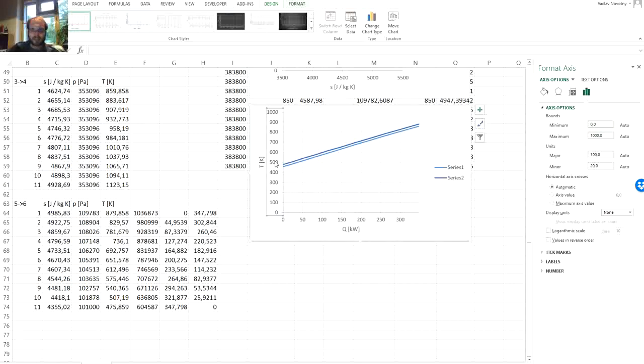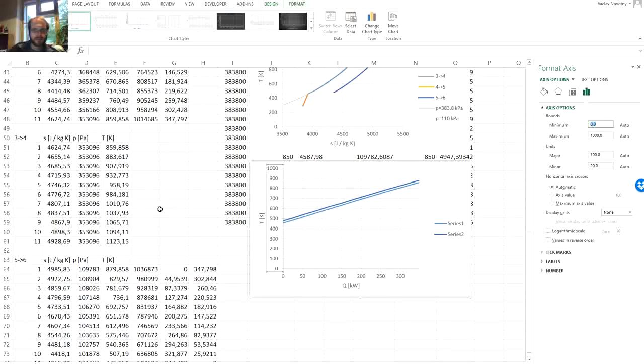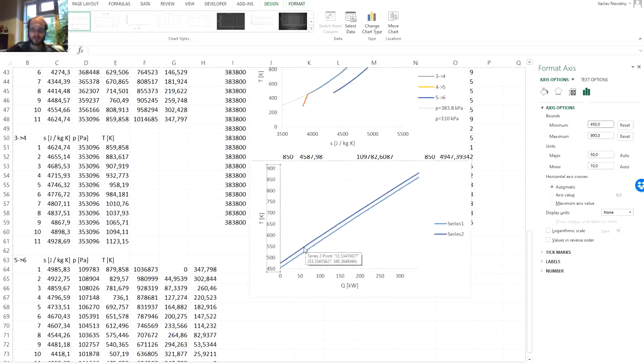And at the y-axis, let's have the minimum at, what is it, 450, and the maximum at 900 kelvins. So here we have obtained the temperature-heat diagram for our recuperator.